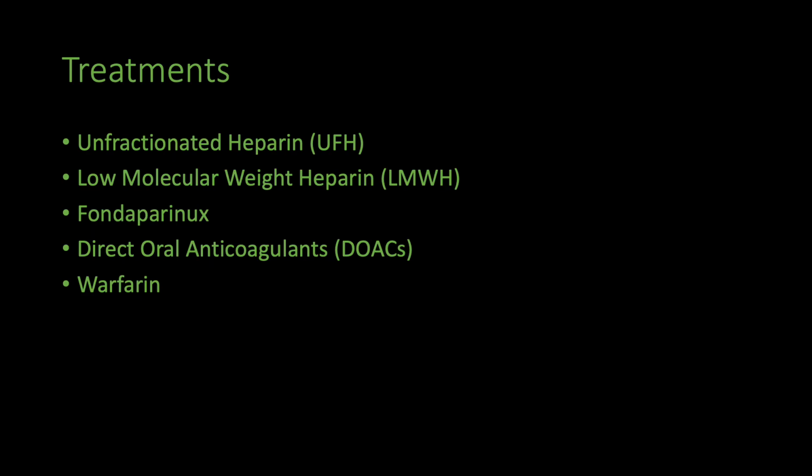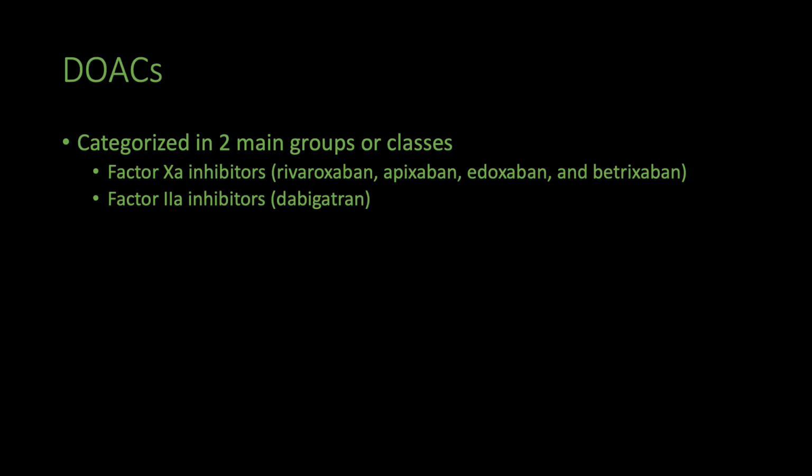but it's not the only class. So this class is divided into two main groups or categories. You've got the factor 10A inhibitors, and these are things like rivaroxaban, apixaban, edoxaban, and betrixaban.